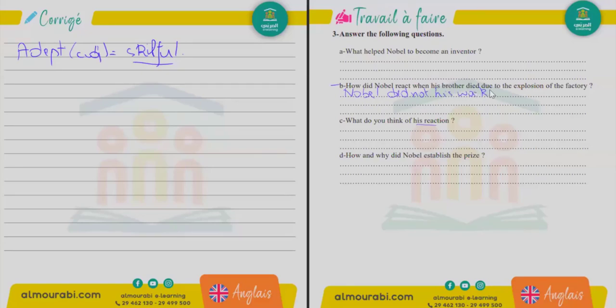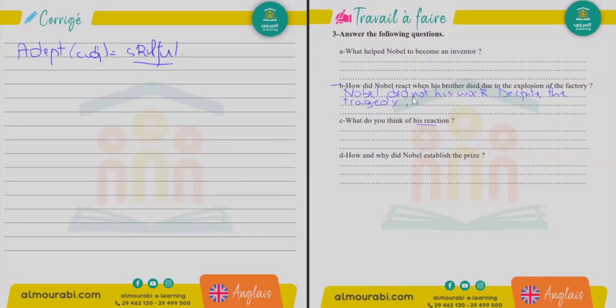What did he do here? He simply, despite the tragedy, which is the death of his brother due to the explosion of the factory, despite that tragedy, what did he do?